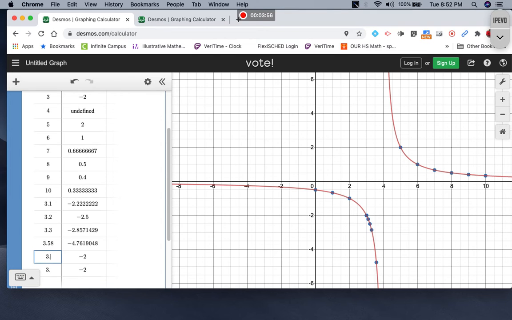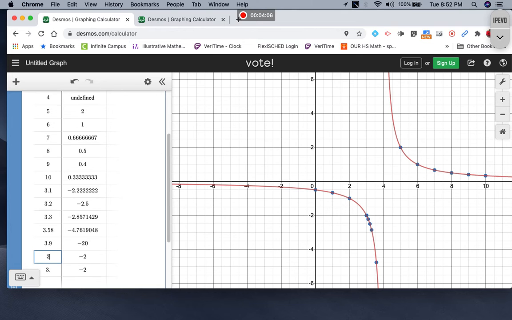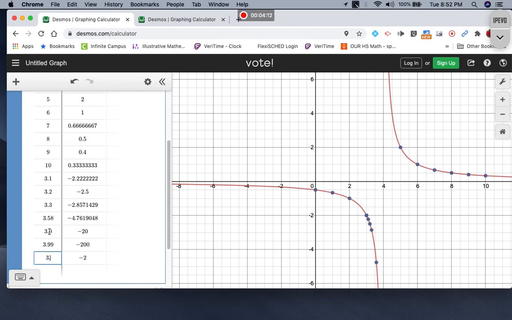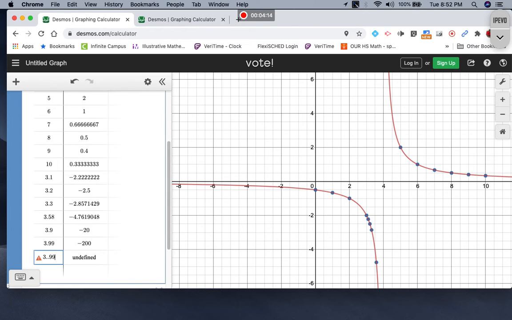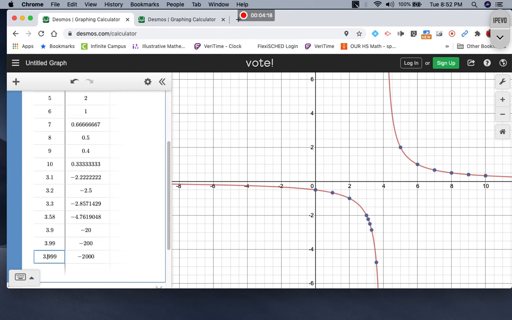Oh, 3.9. Well, I keep getting an undefined in there. Oh, I got 3.58. That's why. How about 3.99? How about 3.999? Hope I got an extra decimal point in there.